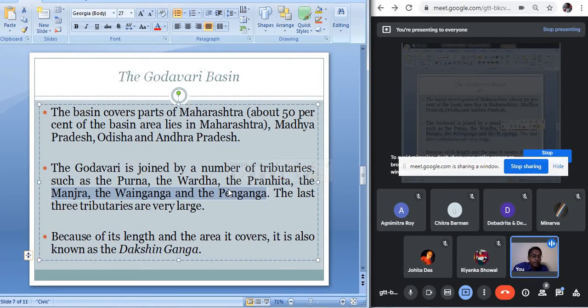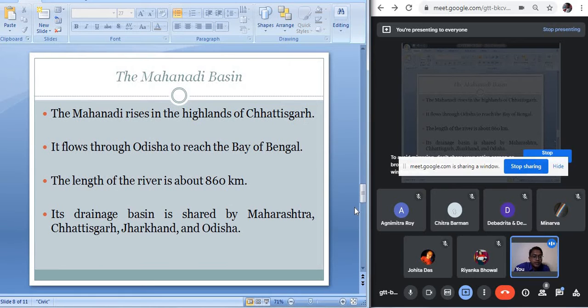The river Godavari is the longest river of the Peninsular Plateau region, and it has the largest drainage basin among all the peninsular rivers. So this is why it is referred to as the Ganga of the South. You can see here that the Godavari river is the most important river of the Peninsular Plateau of our country. After Godavari, the next important river is the Mahanadi river.